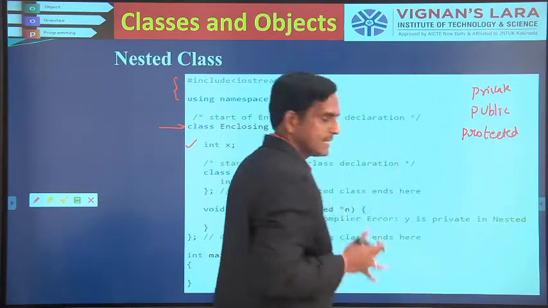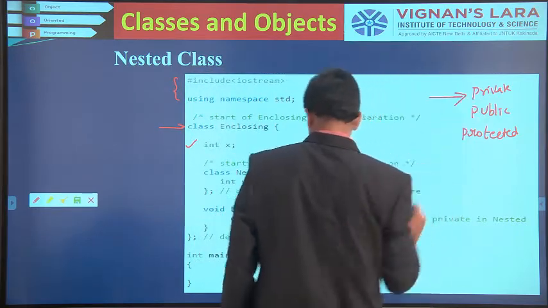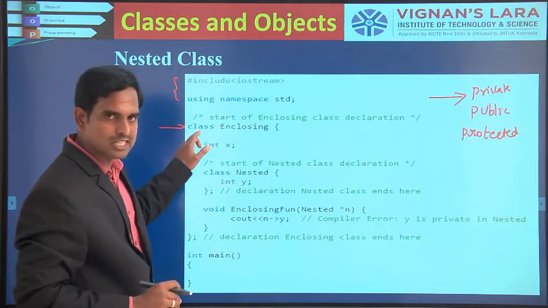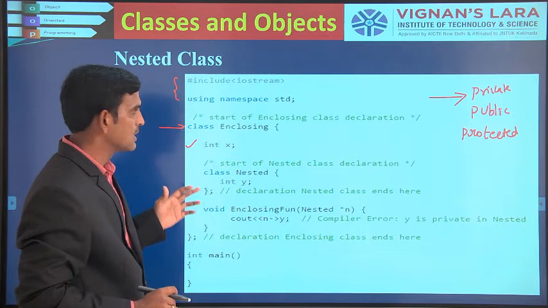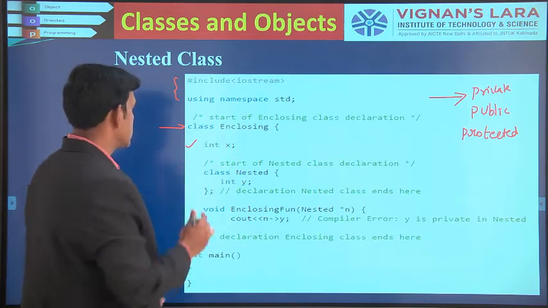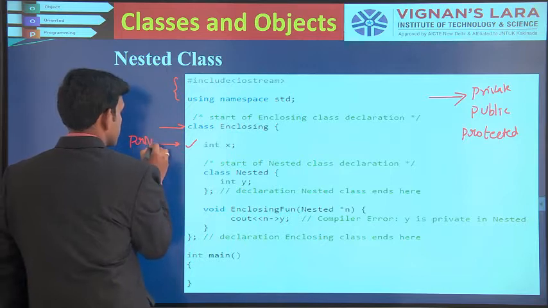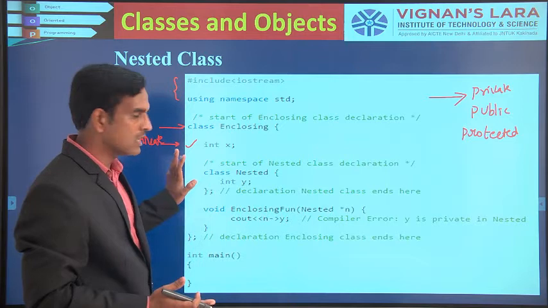If you are not writing anything, by default it will take it as private. Since you have not written any access specifier for the complete class, this will take by default as private.